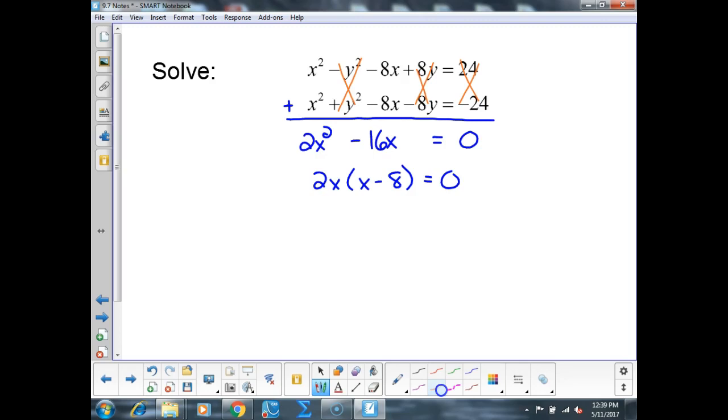Set both of them to 0, because it's factored. Carson, I can't divide by a variable because I lose that factor. I could have divided by 2, but I can't divide by 2x. Now what?